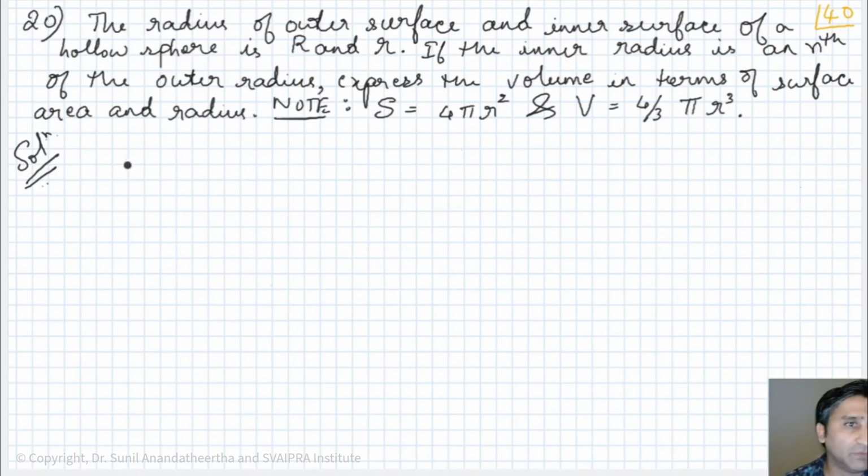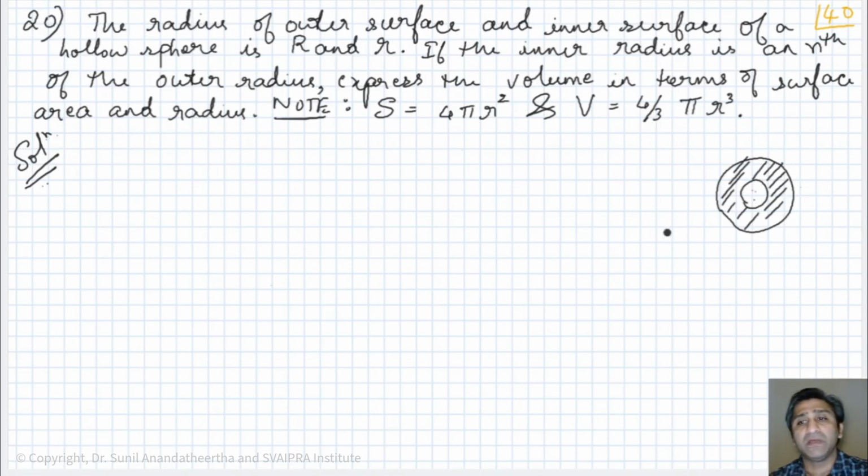Okay, we have a wonderful problem. What we have here is essentially a hollow sphere, one with the inner radius and one with the outer radius. So obviously that's the material and that's the hollow part. The capital R is the outer radius and the smaller r is the inner radius.